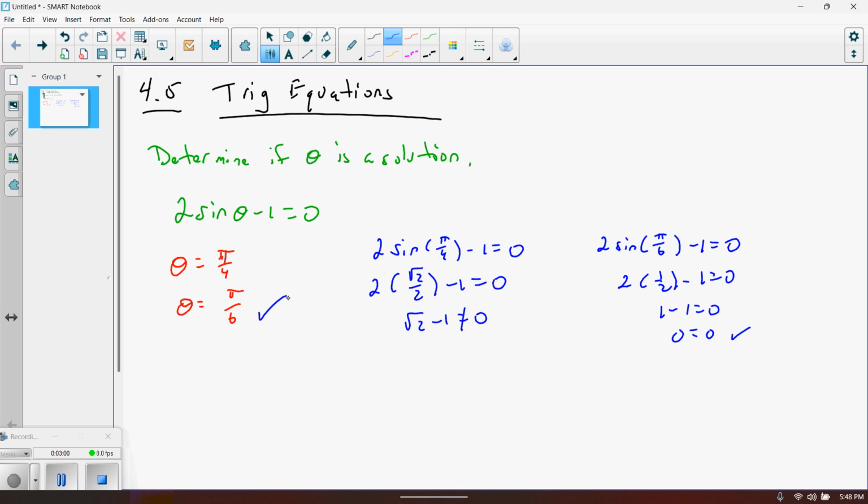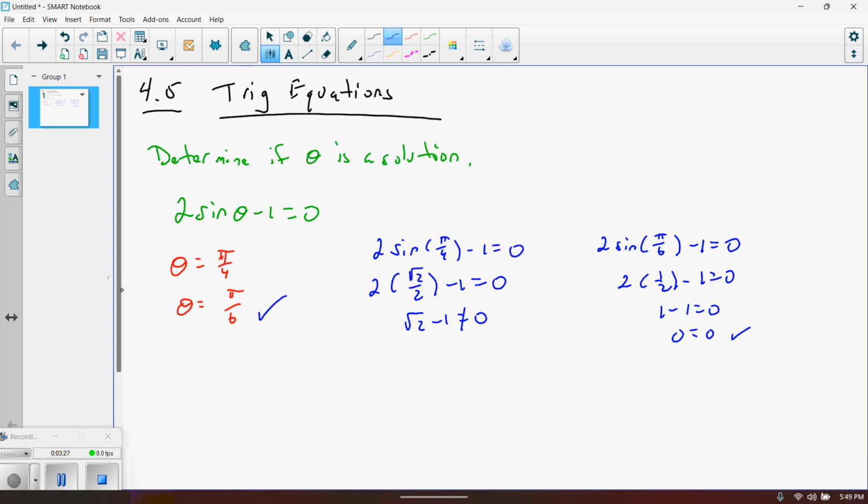So you would add pi 6 plus 12 pi over 6, and you would get 13 pi over 6. That is also a solution. Add or subtract 12 pi 6 to that, and you're going to keep coming up with more and more solutions. So technically, there are an infinite number of solutions to this, but the ones that they specifically asked for here, out of those two, pi 6 is one, pi fourths is not.